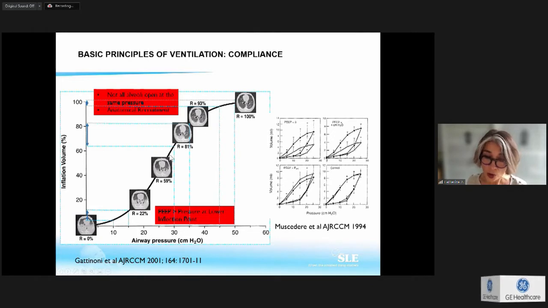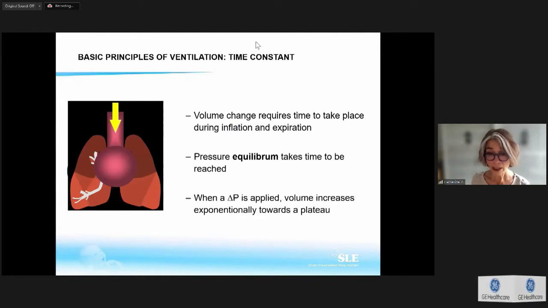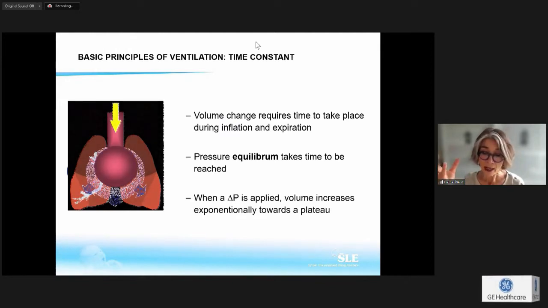And maybe you should go down to here, because if you ventilate your patient here, you might injure your patient. So you see the compliance can be a good guide for us. If I increase my PEEP, for example, and I see that my compliance is improving, it's tipping me off that I have stabilized my FRC.